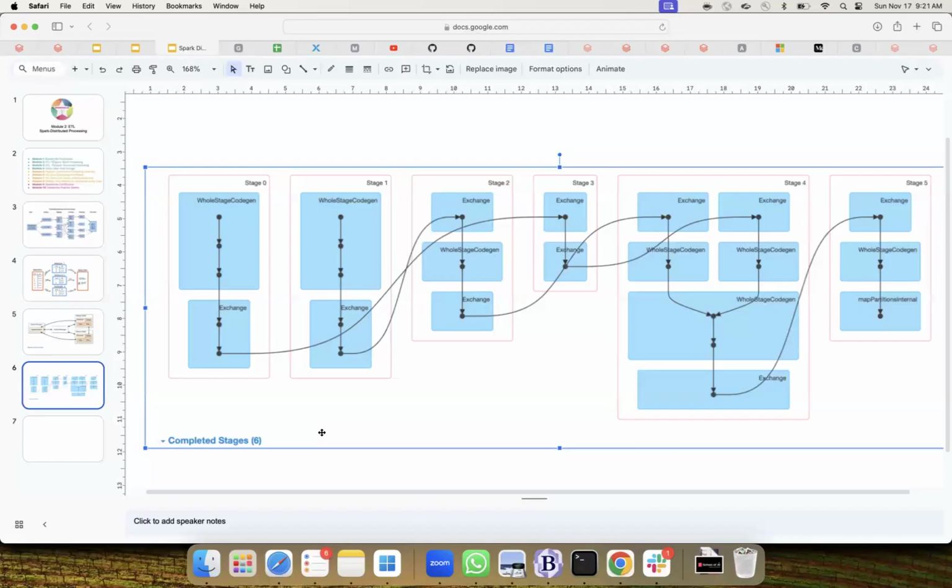So for example, if I have a 100 core machine and I have data in 2 partitions, what does it do? I have data in 2 partitions, I have 100 cores and I run the job on all 100 cores.